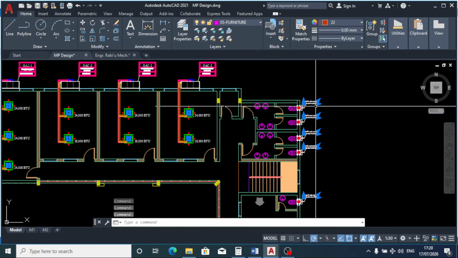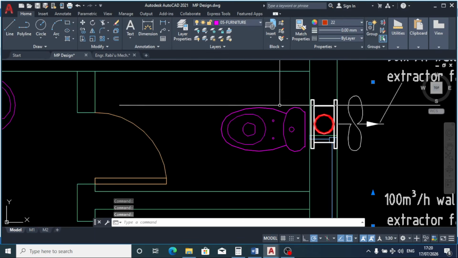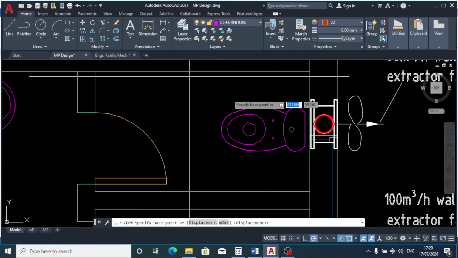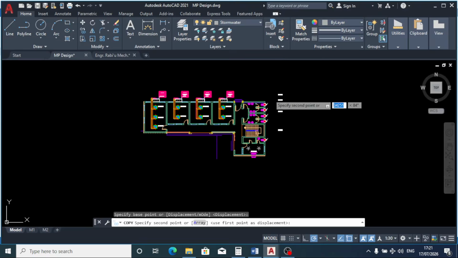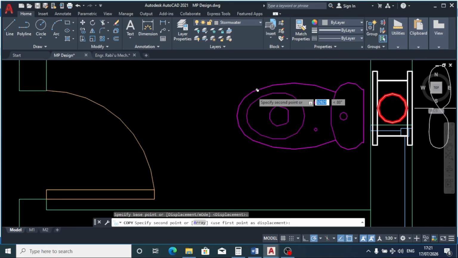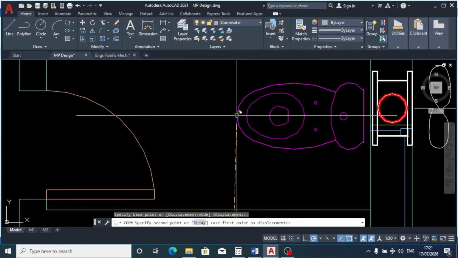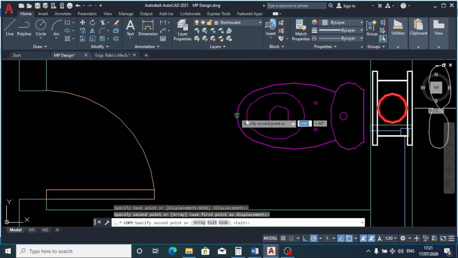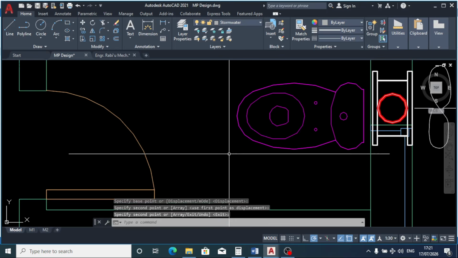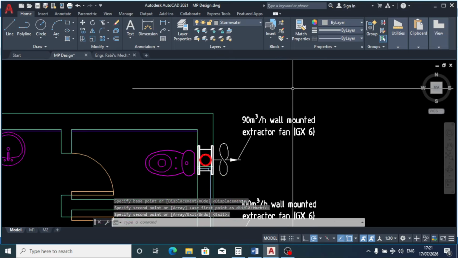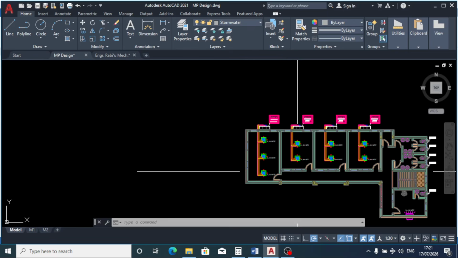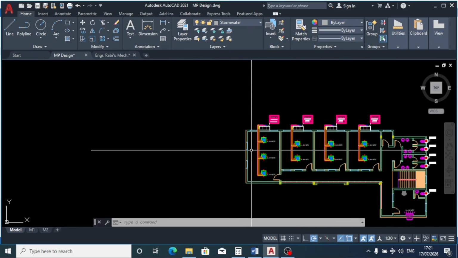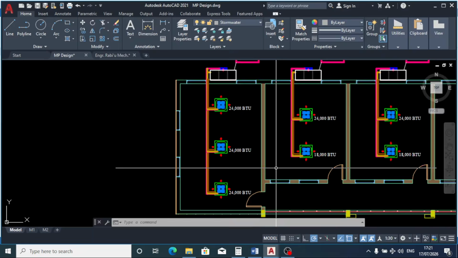No need to repeat the calculation all over. Alright, so that is that for our AC and ventilation system.